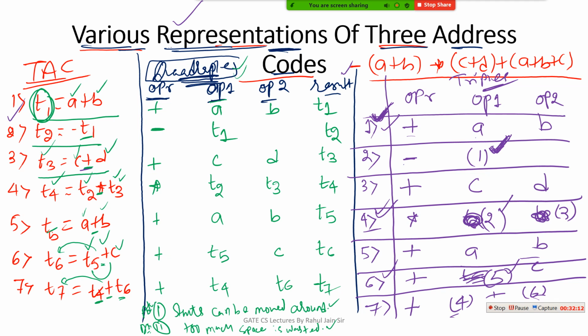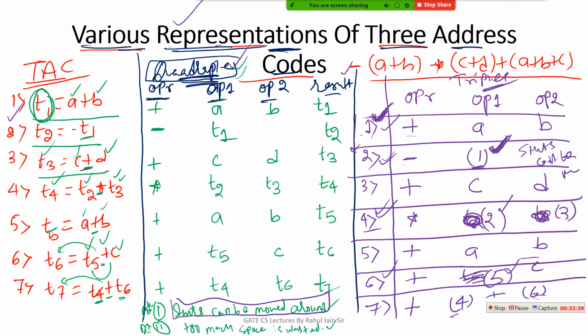But there is a disadvantage, guys. In quadruples, statements can be moved around, but here statements can't be moved, because if I call the second statement first, it will create an error, since I don't have the result of one and I directly called the second.